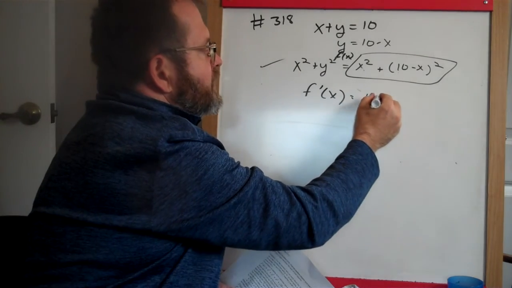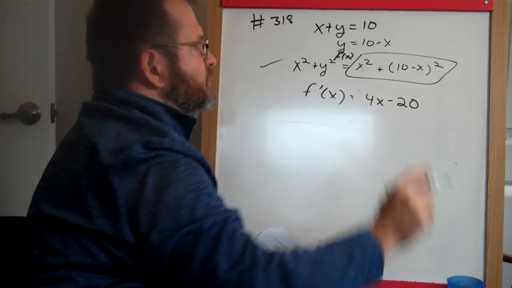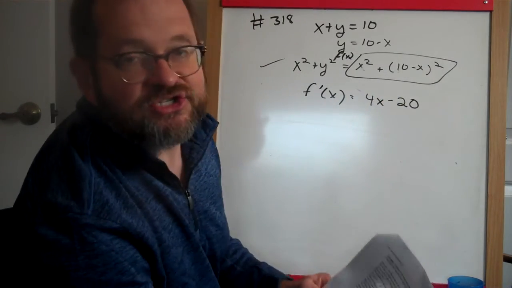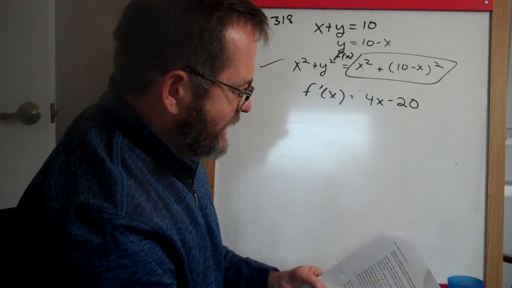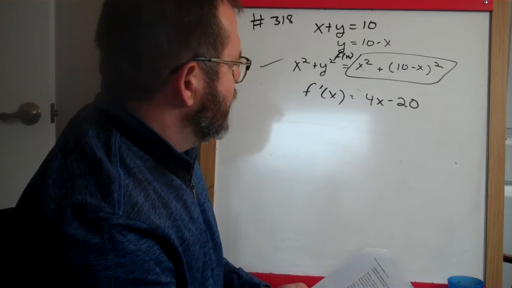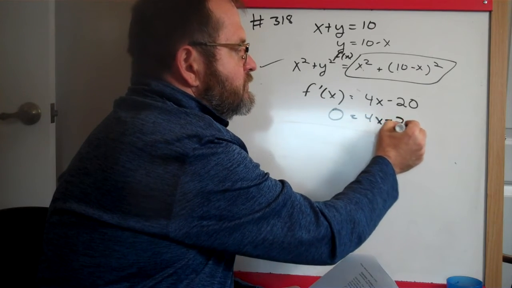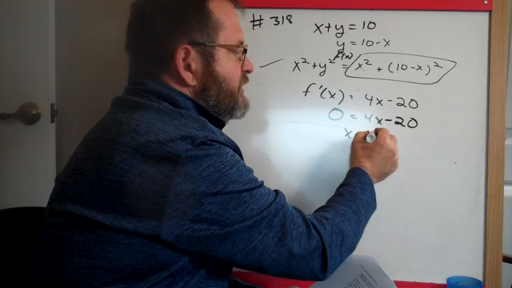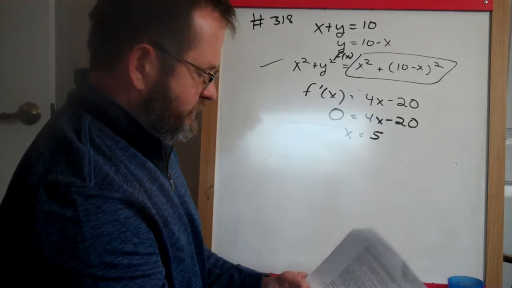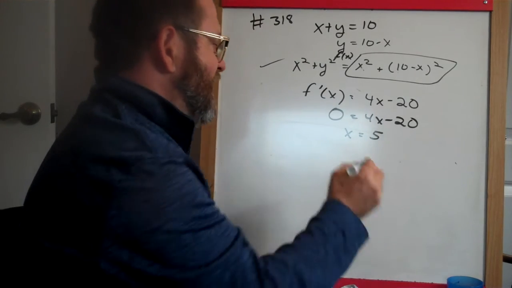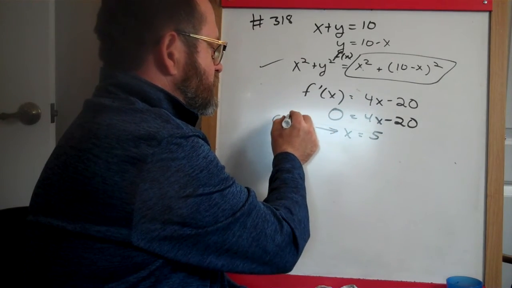With a little bit of organizing, you can see that the derivative is equal to this. Again, I did all the steps in the handout. I just don't want to do it all right at this exact moment. And we're saying, when is that equal to 0? Well, it's just a little bit of algebra to see that that happens when x is equal to 5. That is a critical point.